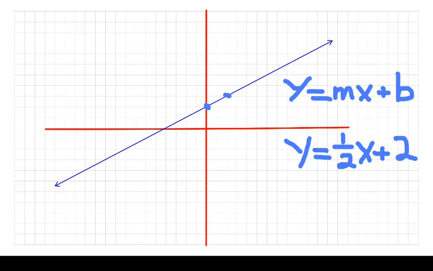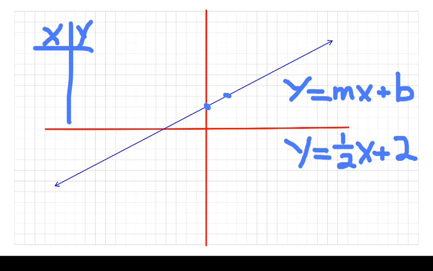I would like to find the line that is the inverse, or the one that would graph as a reflection across the y equals x line. I'm going to do that with a table here. I'm going to make an XY table and write down some of the points that I see on that line.